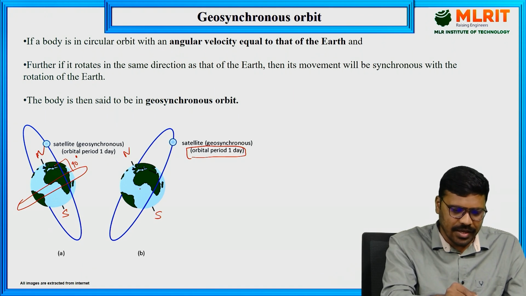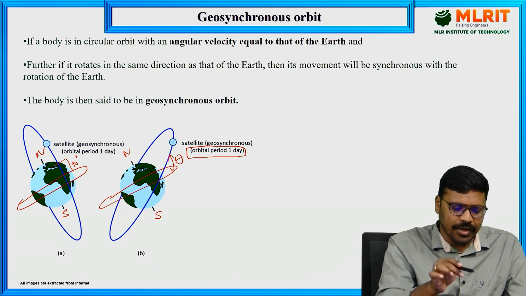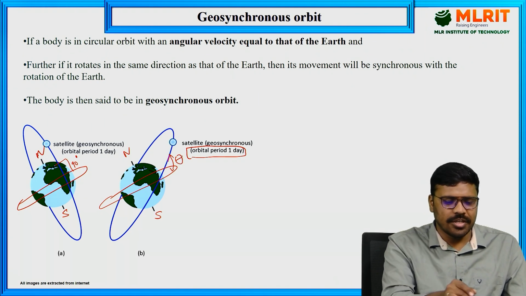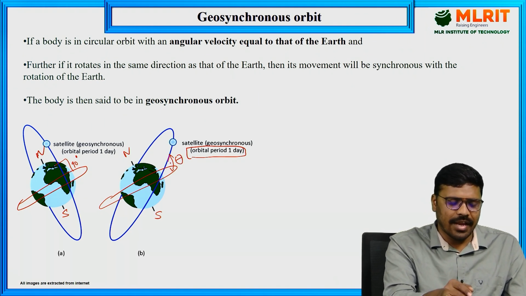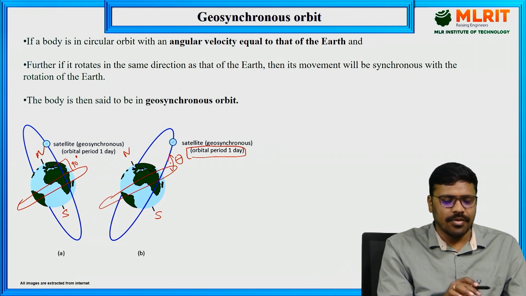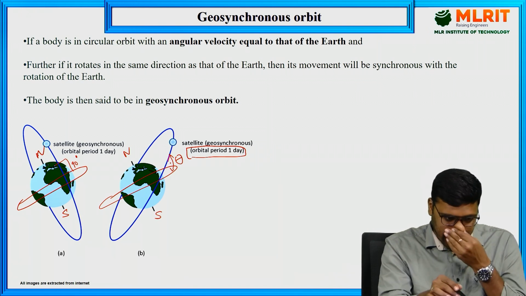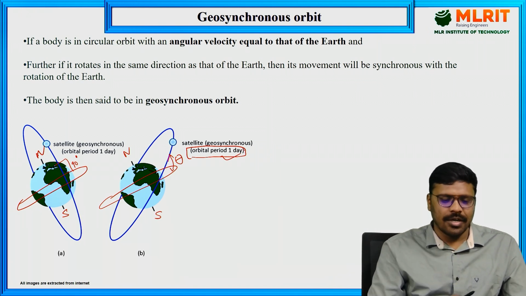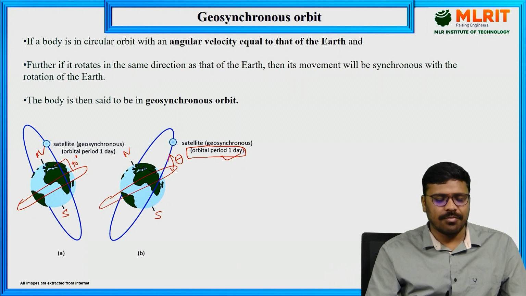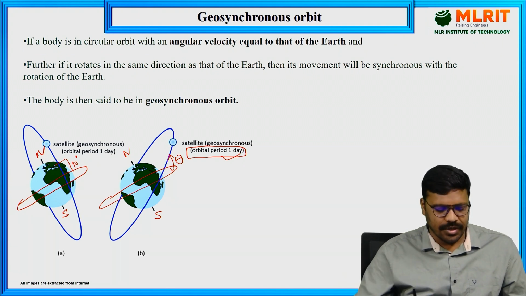And here, with the equatorial plane, the geosynchronous orbit makes some angle theta, and the angular velocity maintained is equal to the Earth's angular velocity, and the orbital period is equal to the Earth rotation time, that is 1 day. That particular orbit is called geosynchronous orbit.